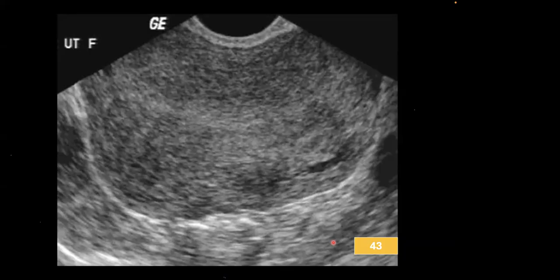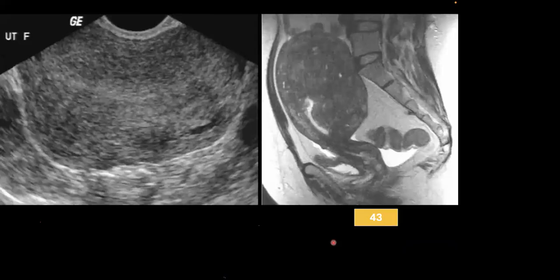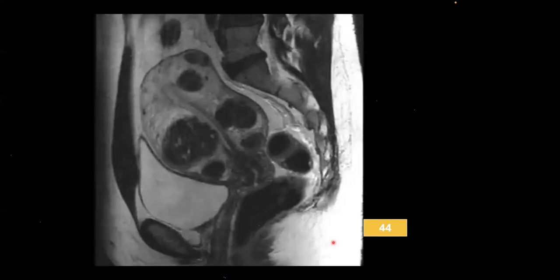There's one more image in 43. 44, a very easy one.